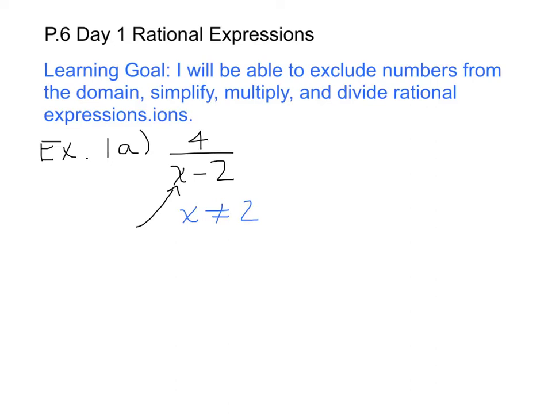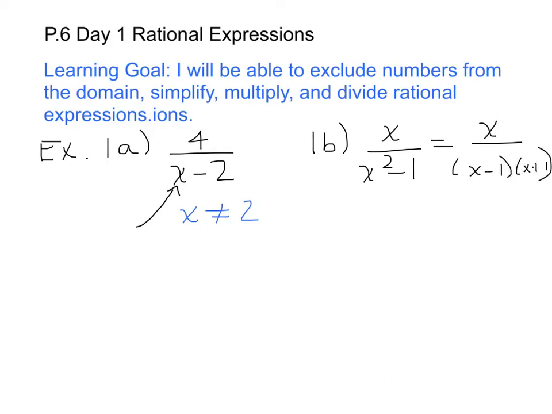If you divide by 0, then it's undefined. Okay, so let's do another one. In this case, I'm going to factor it, because sometimes you have to do that. There are two x values that will make your denominator 0, 1 and negative 1. So we have to exclude those.